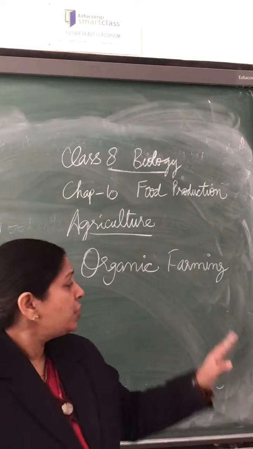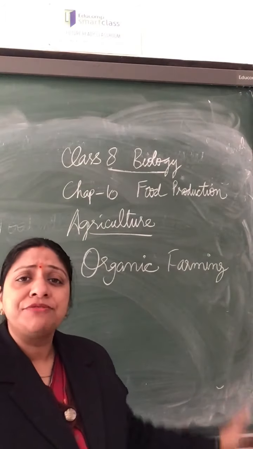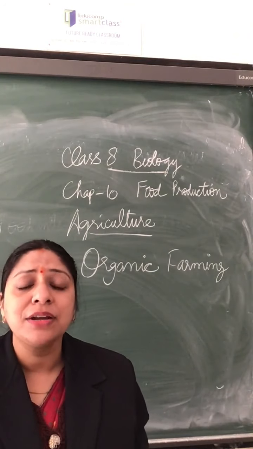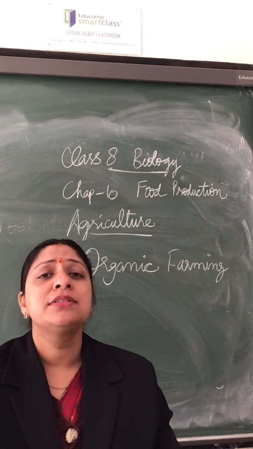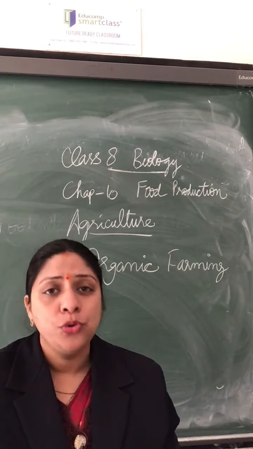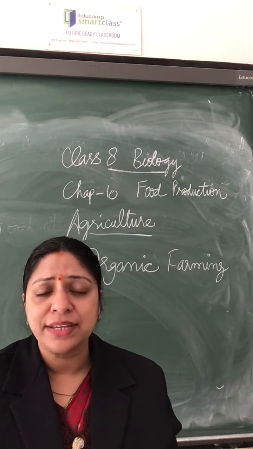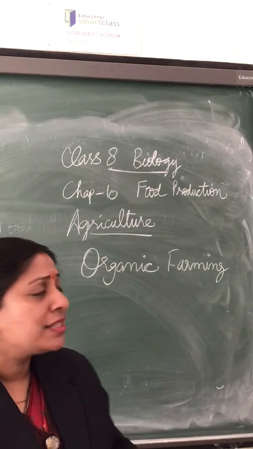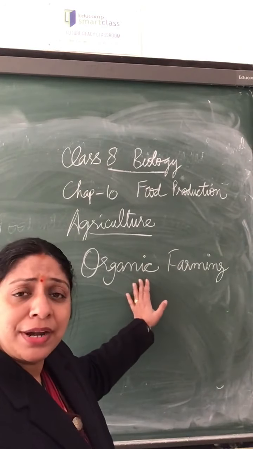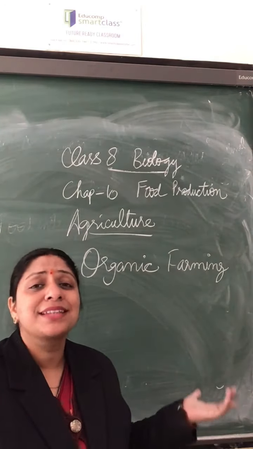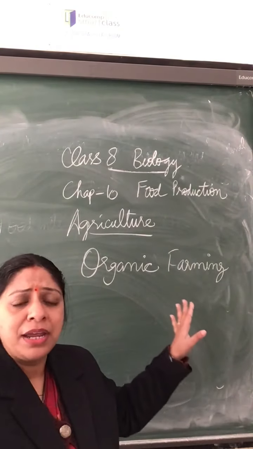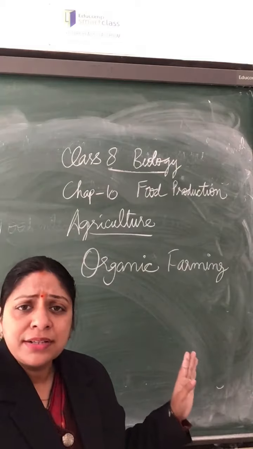But nowadays a new concept of farming has come up which is called organic farming. Organic means no chemicals, no fertilizers, no pesticides, no insecticides and all. That means the harm done to us by these organic products is very less as compared to the chemical ones. In this organic farming, no such chemicals are used.